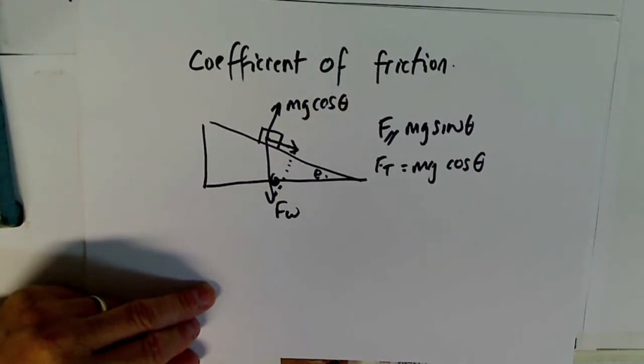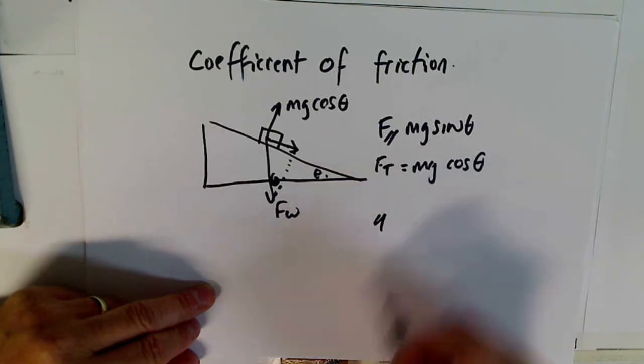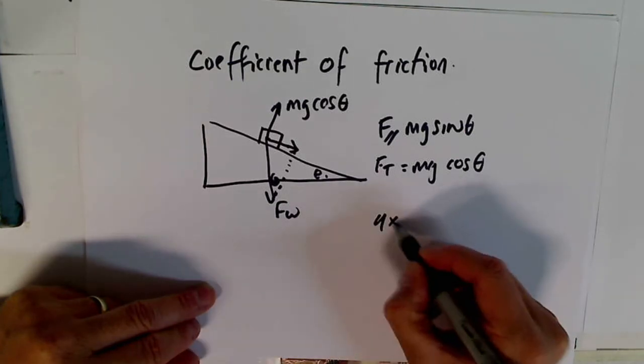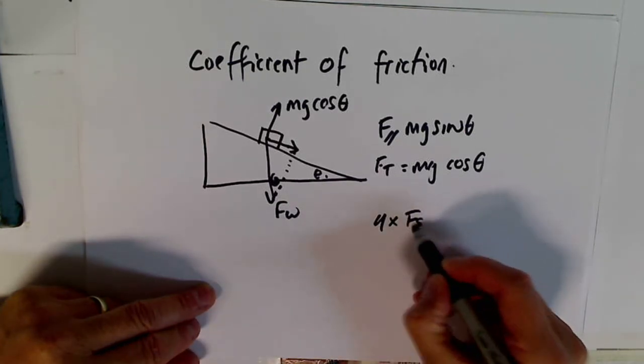So what we have, or the relationship between that and the coefficient of friction, is that the biggest the frictional force can be is equal to that mg cos theta. So when it's equal to it, mu equals 1. So mu is the coefficient of friction, multiplied by the support force.